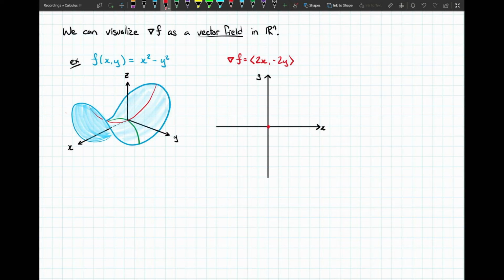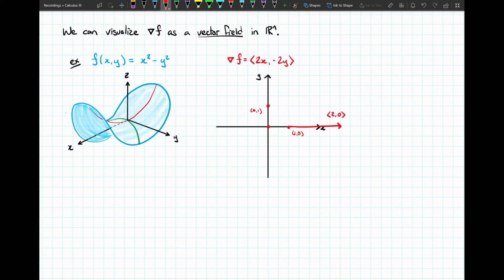But why don't we pick a point that's a little bit easier to work with, such as maybe the point 1, 0. If we plug that as our input into the gradient function, then we get the vector 2, 0. And that would be a vector of length 2 pointing straight to the right along the x-axis. In triangular brackets, that is 2, 0. Okay, well, maybe let's try picking one more point, maybe at 0, 1.